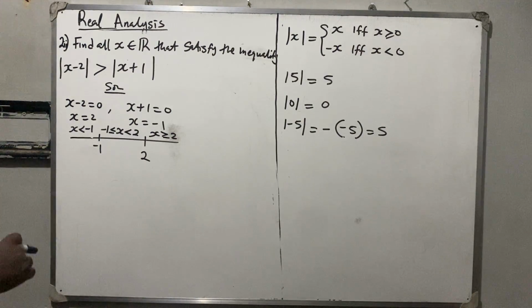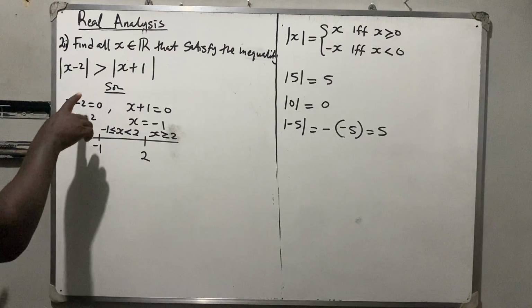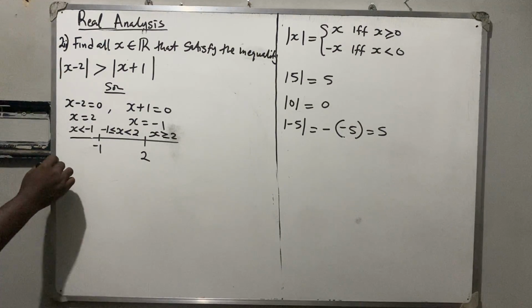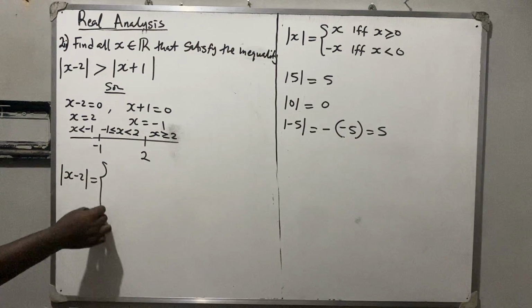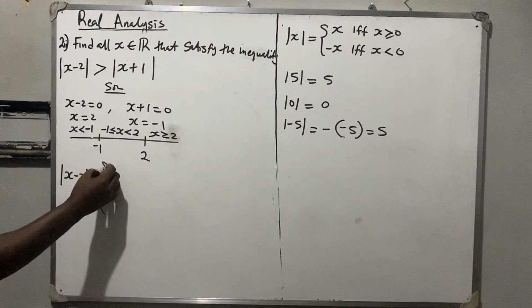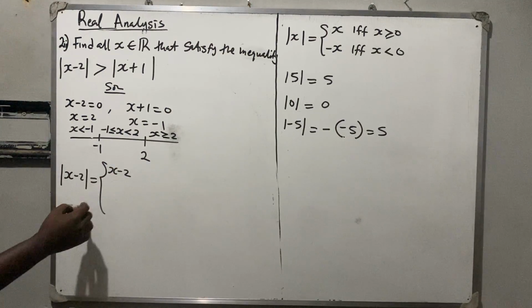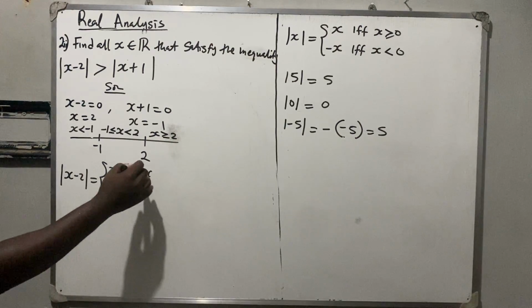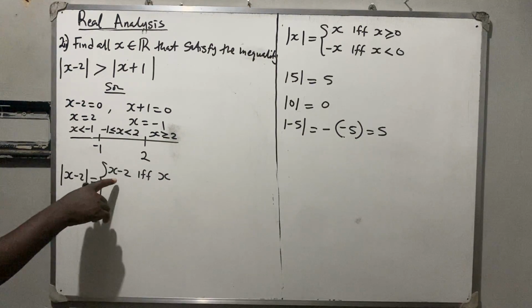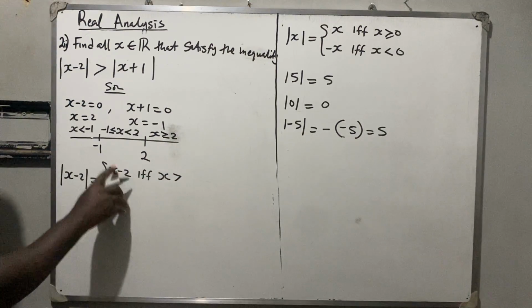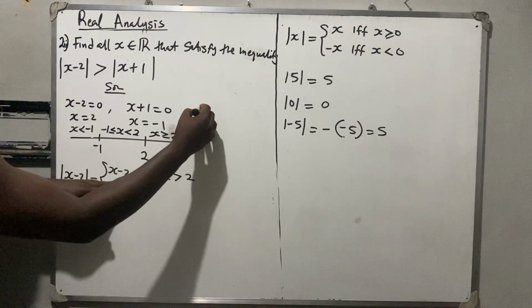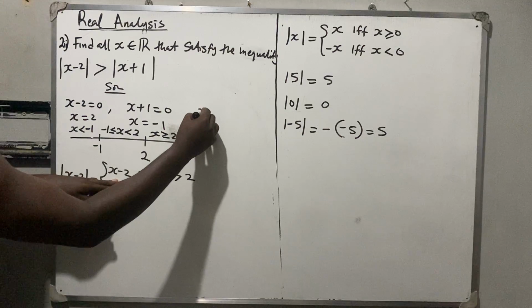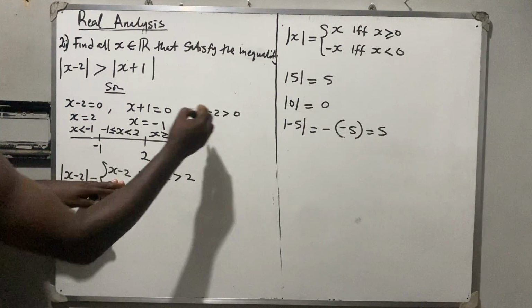So now, for this particular one, let's define this one. The absolute value of x minus 2 is going to have 2 cases. It's going to be itself, which is x minus 2, if and only if x is greater than 2, because it's going to be itself if x minus 2 is greater than 0.